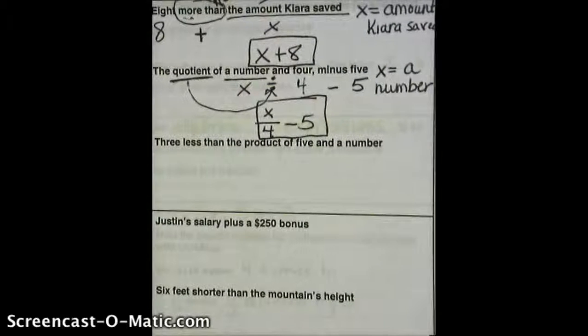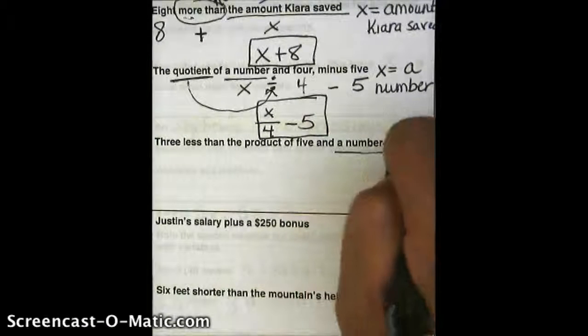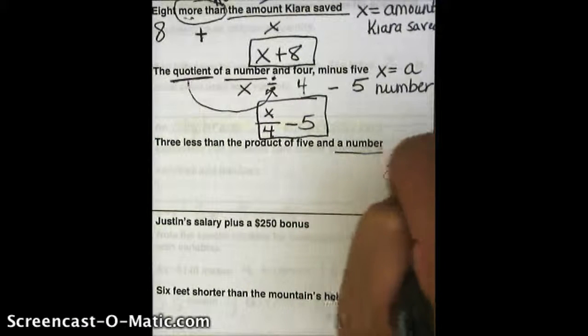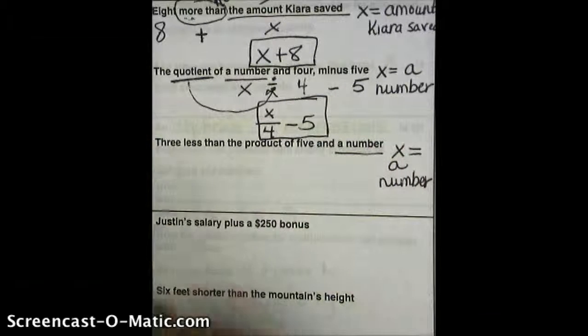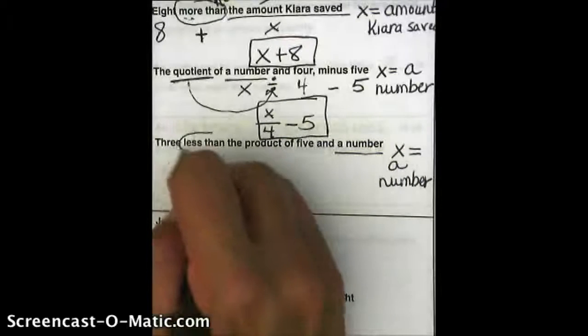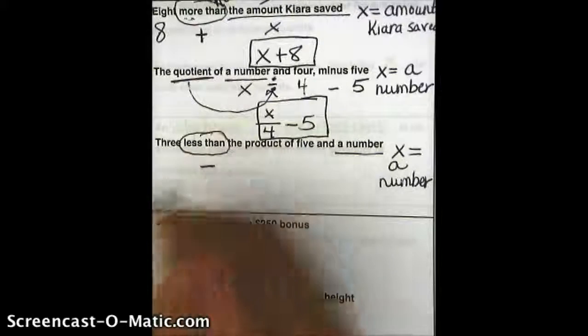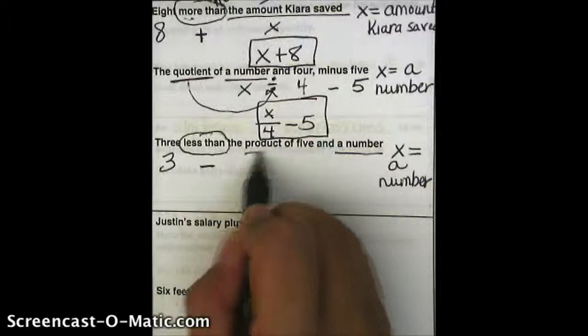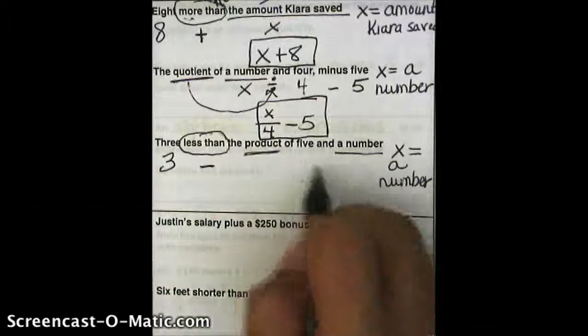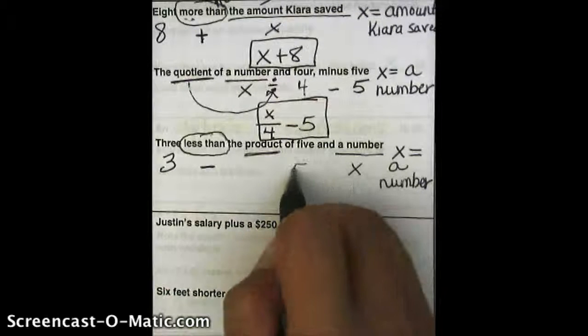On the last example, we have 3 less than the product of 5 and a number. So we're going to define our variable x equals a number. We have some red flag words, less than, which we know means that we're going to subtract something. The word 3. Then we have the word product, and the word product means we've got 5 and x here.